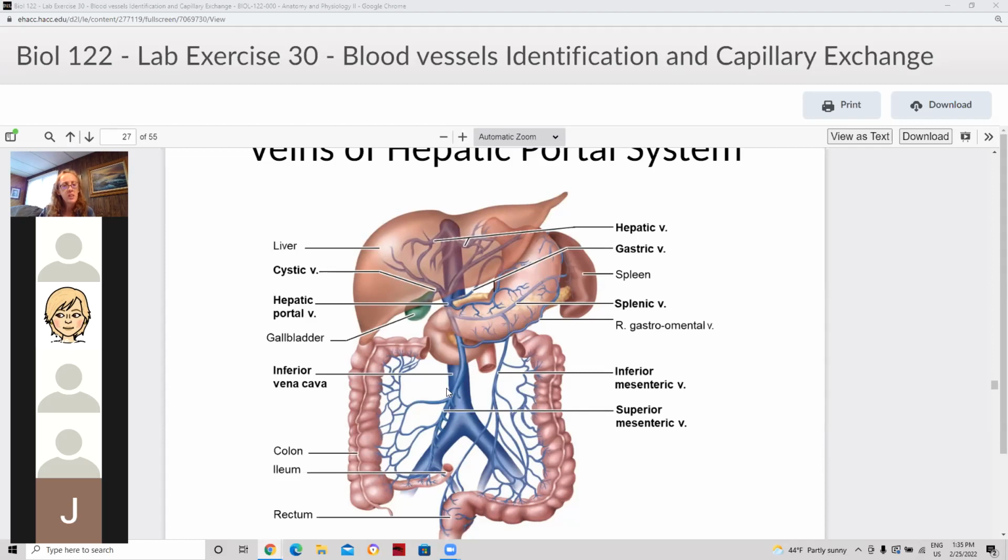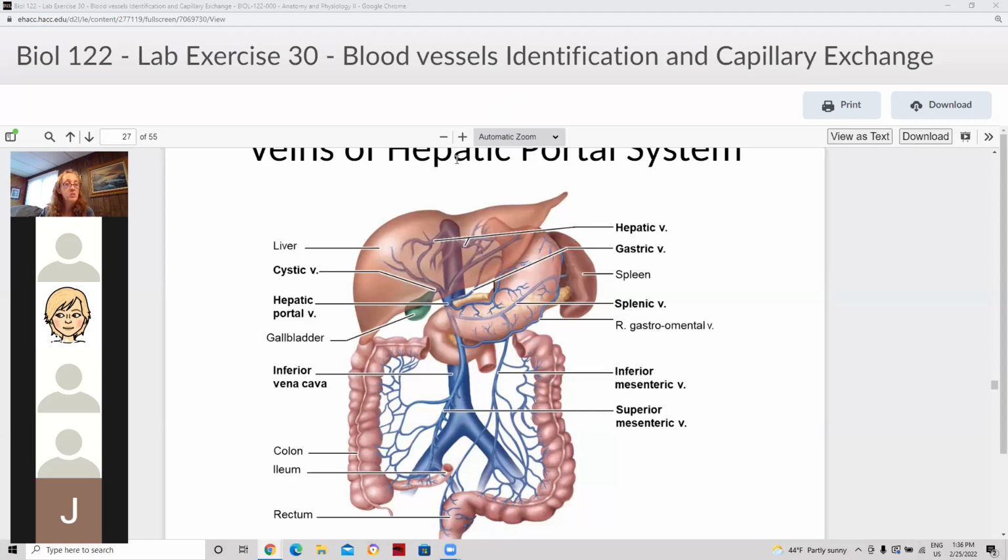And so when we absorb things through our intestines, in our stomach, in our small intestines or large intestines, all of this stuff that we're absorbing into the veins within the abdominal region is going to be drained into the liver, where the liver will filter it and detoxify it before it goes into the hepatic veins on top of the liver and remerges with the inferior vena cava to go up to the heart.